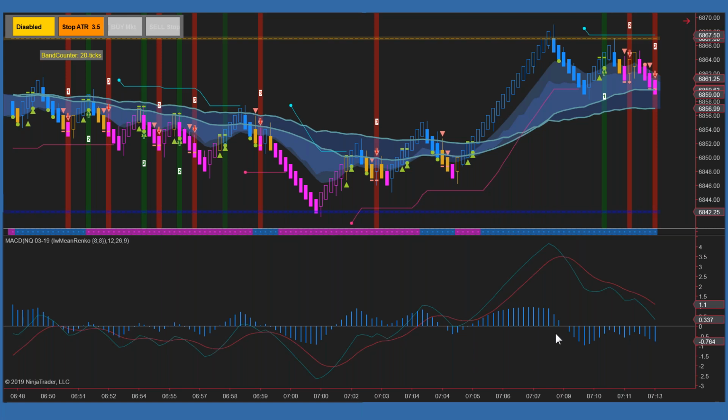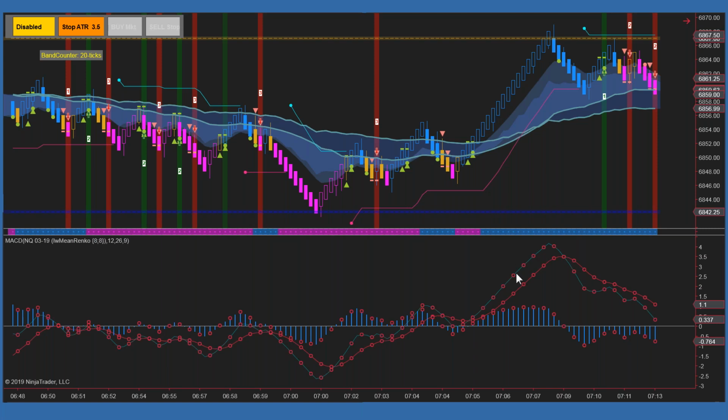I like the MACD because it is more momentum based. So it does tend to show you what is happening with the market momentum, whether momentum is building or whether it's fading, and then you can make your decisions accordingly.